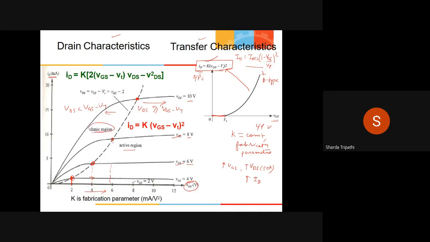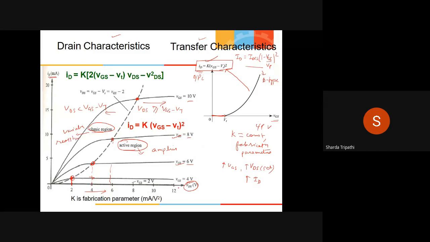This region is known as the ohmic region, and this region is known as the active region. Once again, we recall this is known as the active region because here the device can work as an amplifier. And this is the ohmic region because in this region, the device can act as a variable resistor.